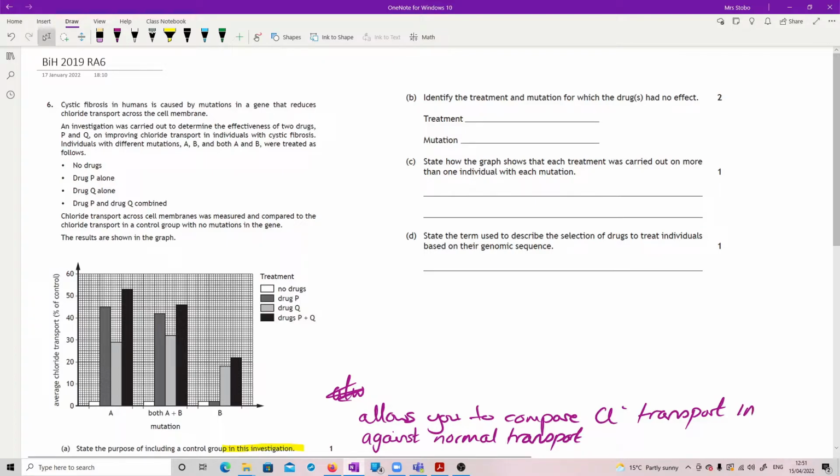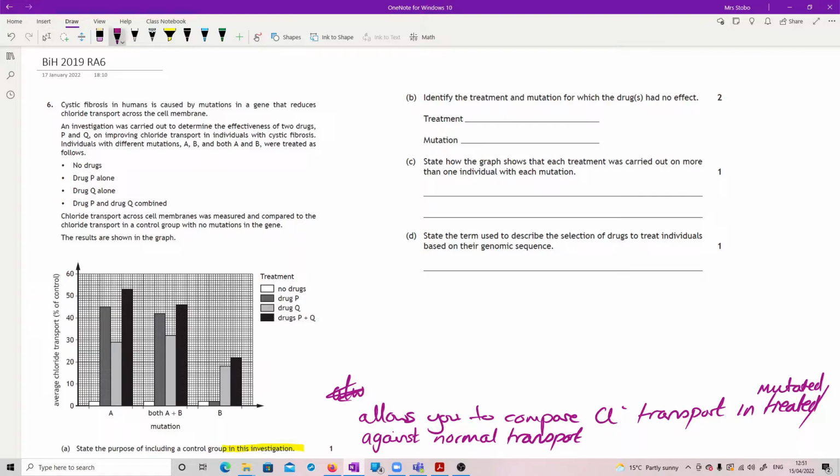Maybe say in treated or mutated. So you need to refer to what you're doing in that investigation. So what you need to know is what would you normally have as chloride transport if you didn't have any mutation, or if you didn't have any mutation and you didn't have drugs.